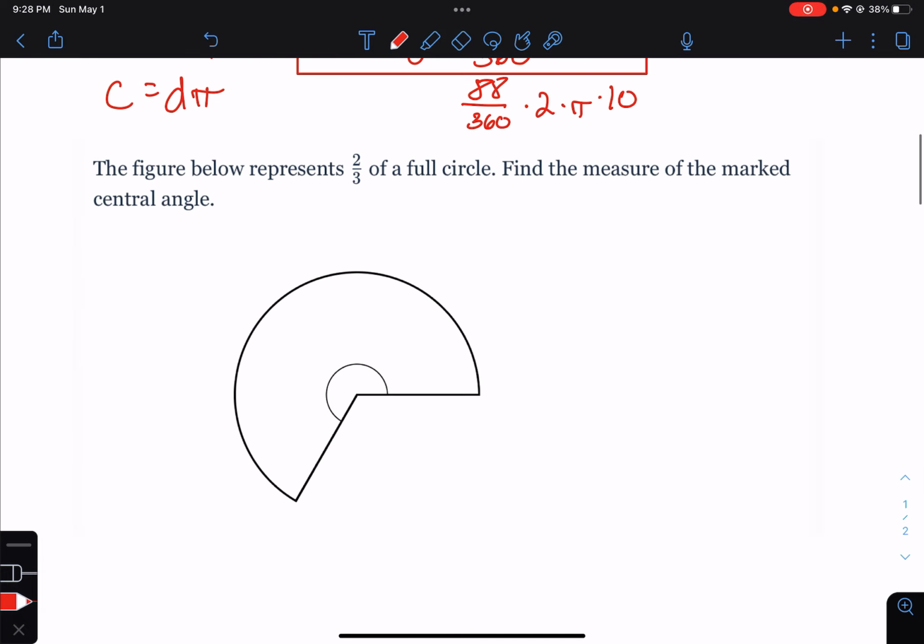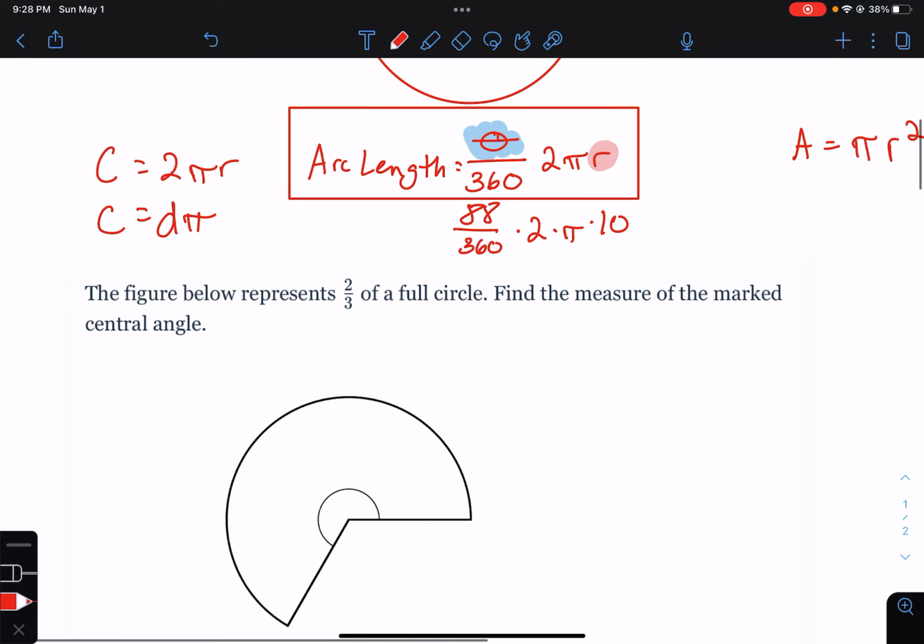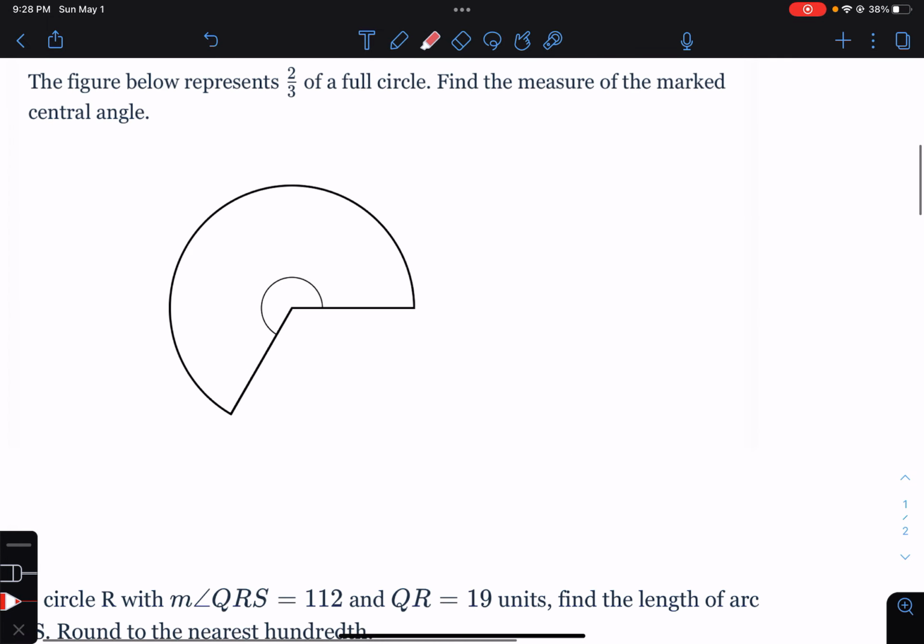The first type of question you're going to be asked on the Delta Math assignment is to find the measure of the angle. They're asking for the measure of this angle in degrees, and it tells you that it represents 2/3 of a full circle.